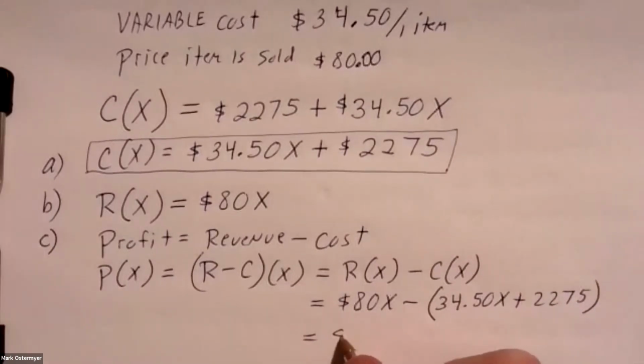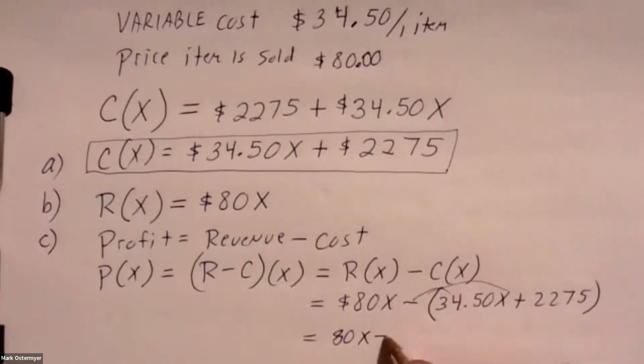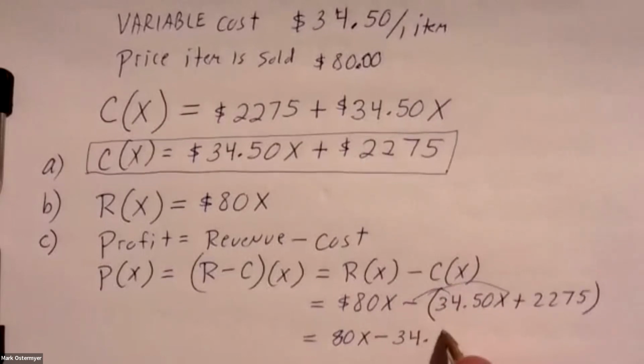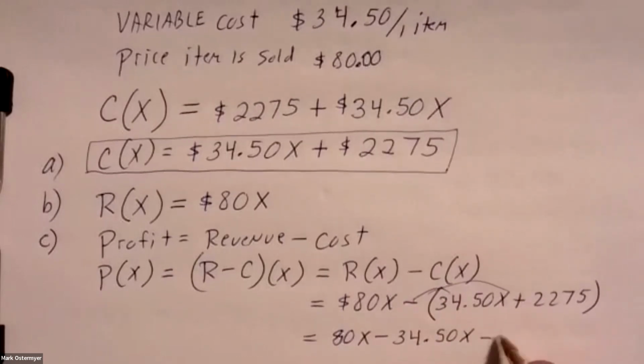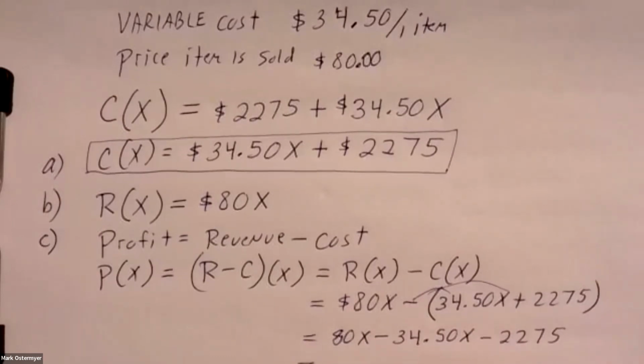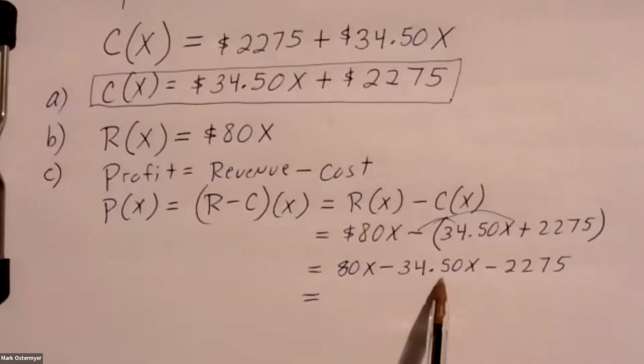Or it's going to be 80x, distributing the negative sign inside the parentheses, minus 34.50x minus 2275. What's 80 minus 34.50?